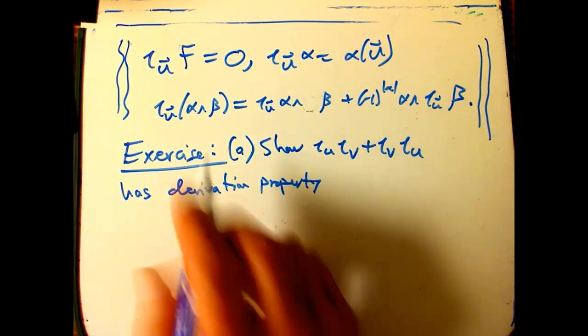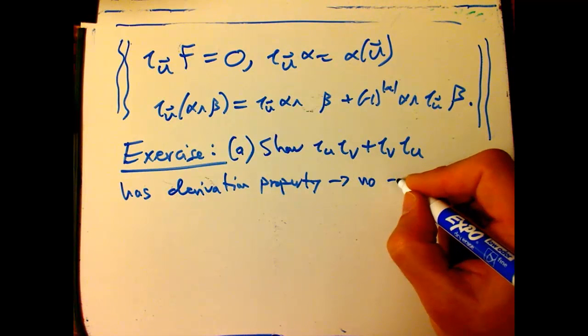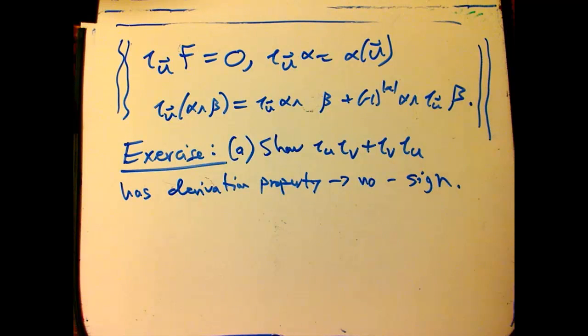So it's an operator that has the same property, but with no minus sign. Which kind of makes sense because we're doing two things, not just one. So when you flip it, we don't actually need a minus sign.